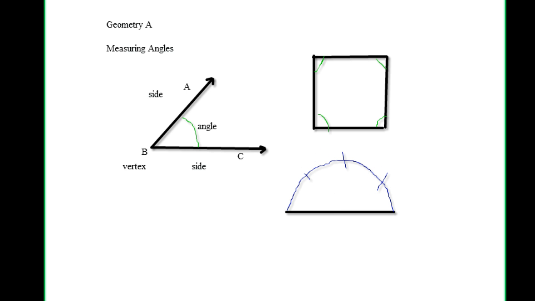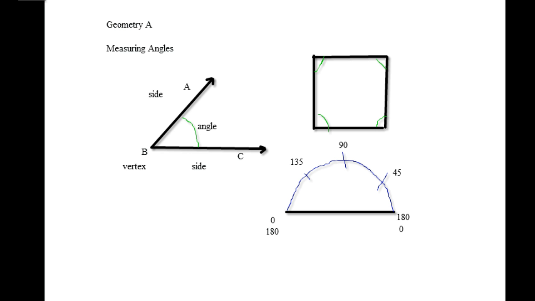You can go from 0 to 180 on this side, or you can go the reverse, from 0 to 180 on this side. Depending on which direction you go, this is 45 or 135, and this is 135 or 45. So you can measure out an angle in there.